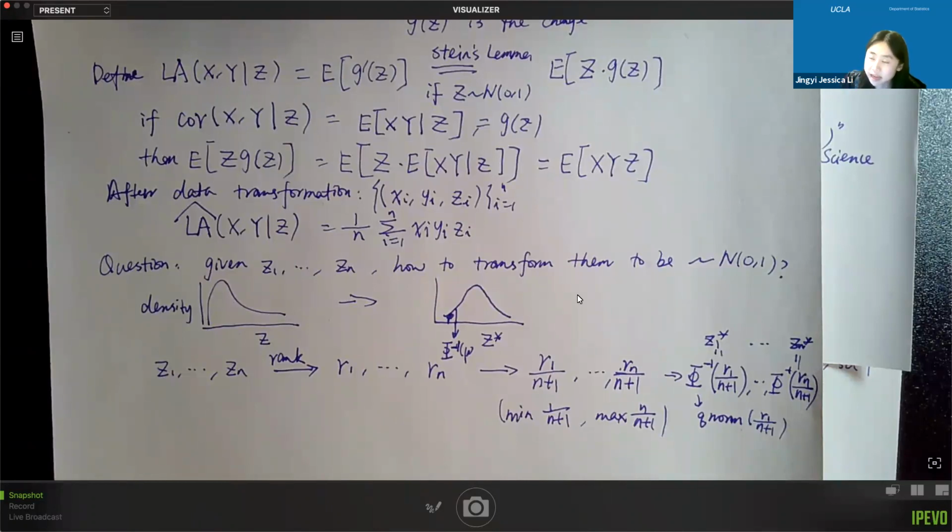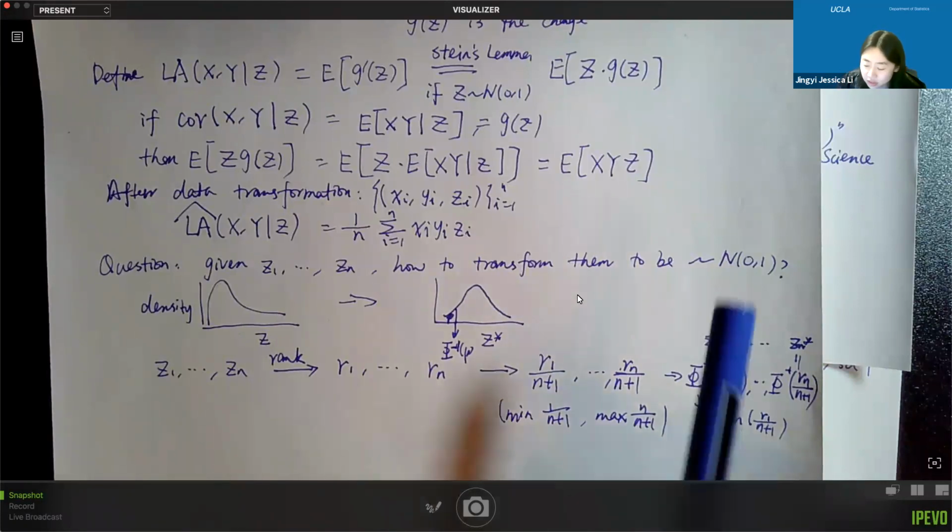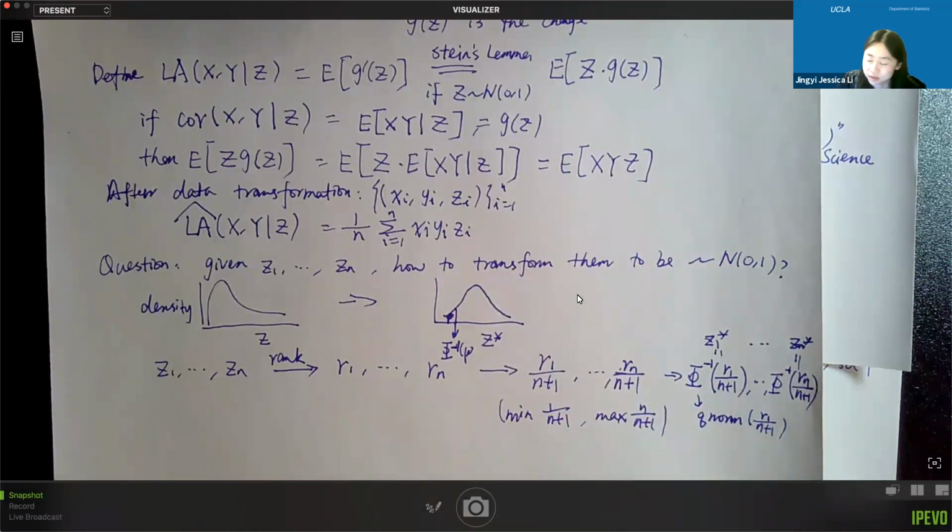In some cases, like in Bayesian statistics, we don't even know the normalization constant of the posterior. That means even though we know the posterior is proportional to something, without that normalization constant, the posterior is not yet a valid probability density, which means it doesn't integrate to 1. So in that case, integration is not possible. But you still want to be able to draw a sample from that unnormalized density in some way. So that's why MCMC was proposed.